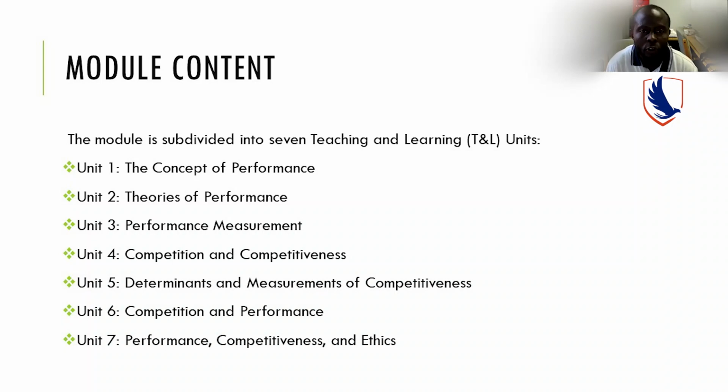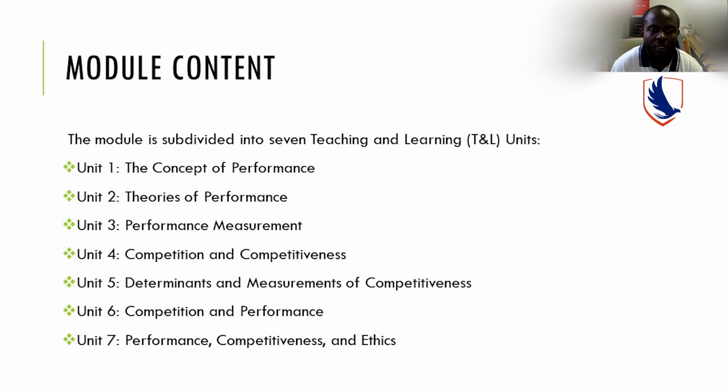Now, in terms of the module content, the standard unit comprises 7 teaching and learning units. The first one is the conceptualization of the word performance. Second unit is to review the theories of performance. Third unit is on performance measurements.